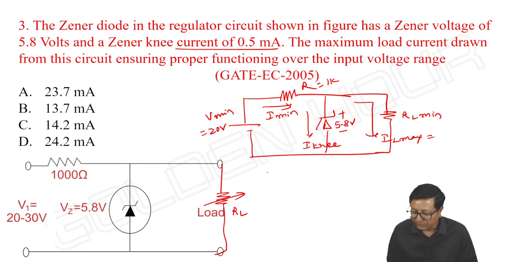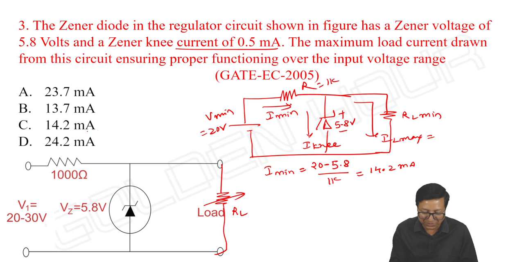So what about I minimum? It is 20 minus 5.8 by 1K. It is 14.2 milliampere. It is also appearing here, but don't take that as your answer. IL maximum is equal to I minimum minus the knee current.